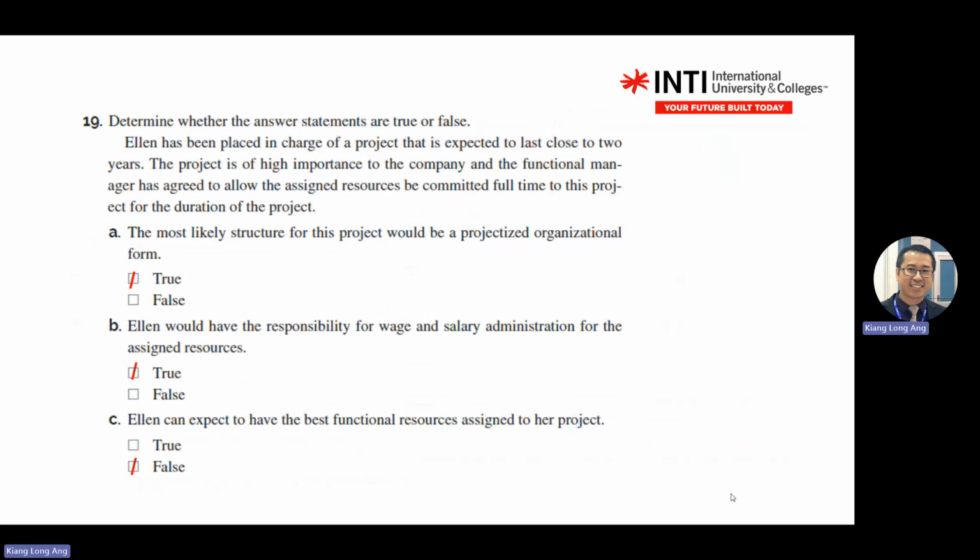Why is it false here? What is the possible reason? Why did the textbook put false there?